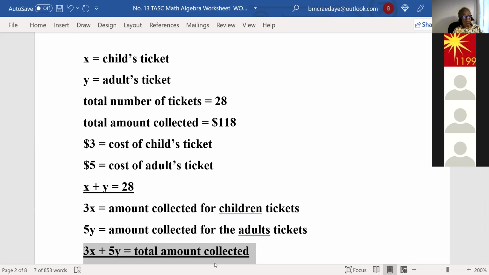See, once you break it down using what they gave you, only one answer can be used to find the number of children's tickets and the number of adult tickets. That would be the one that says the total of tickets sold and the total amount collected.